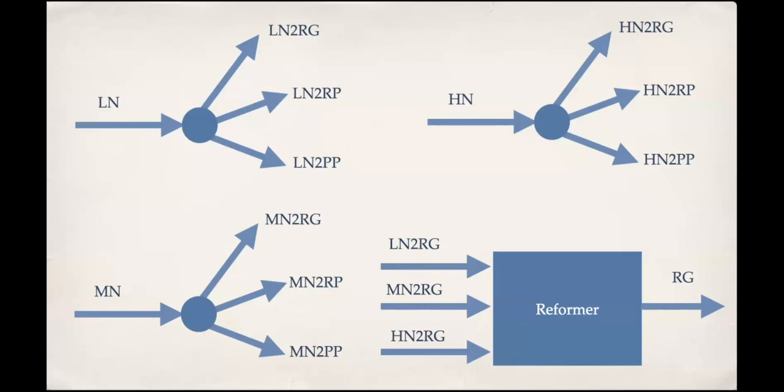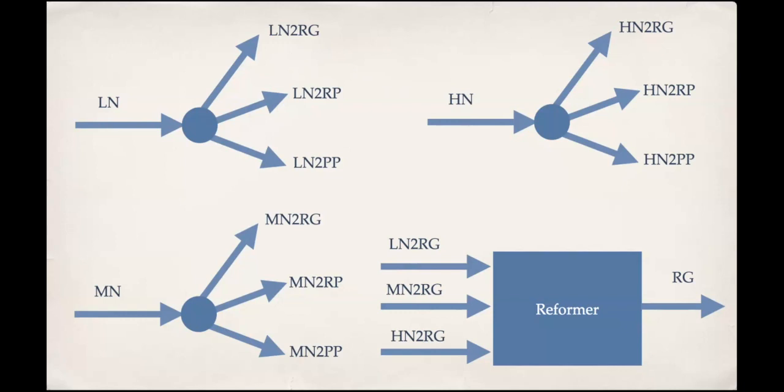For light naphtha, we use LN2RG, the same as before, because we split light naphtha into three streams and the first stream, LN2RG, is sent to the reformer.